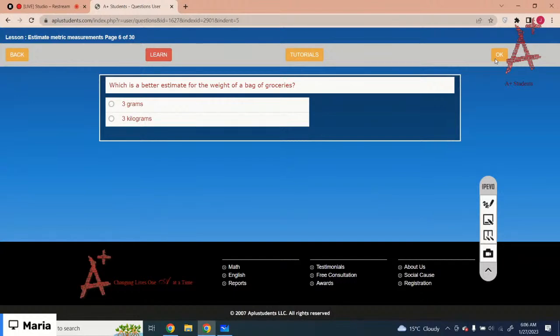Which is a better estimate for the weight of a bag of groceries, 3 grams or 3 kilograms? Which is the correct option? It would be 3 kilograms. Got it? Very good.